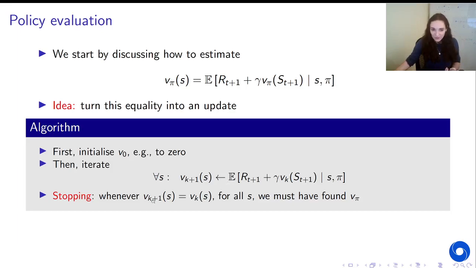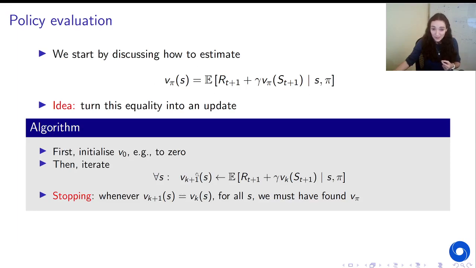And the stopping criterion here is whenever the value function resulting from this update is the same as the one at the previous iteration for all states in the MDP, then we can stop. And when this happens, we're guaranteed to have found V pi, because let's remind ourselves, V pi is the solution to this equation.